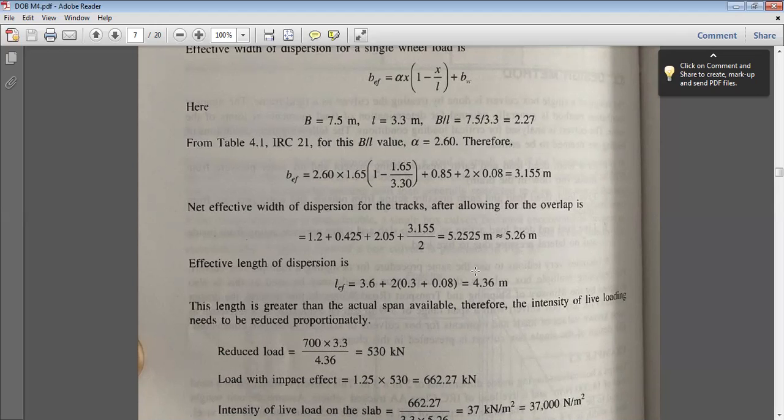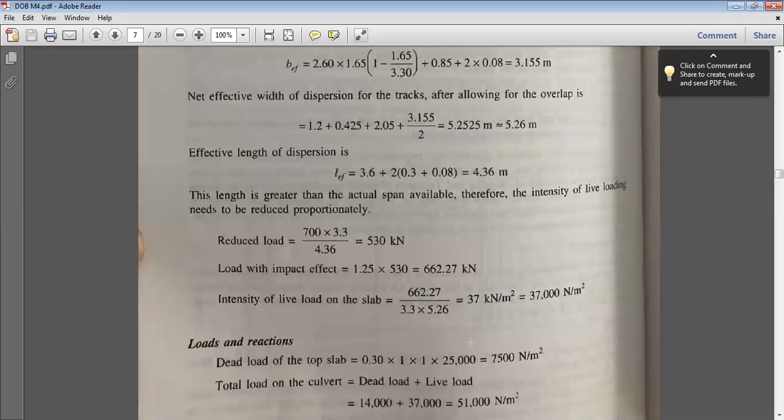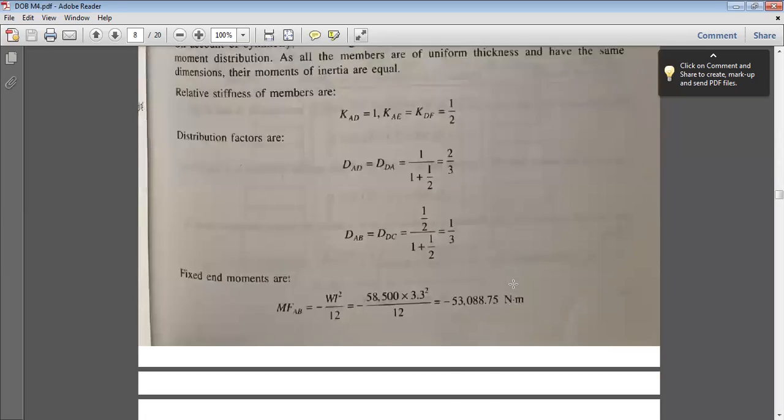Along the width, if you place your vehicles, 1.2 is your C distance, 0.425 plus 2.05 is the center distance, and dispersion width of 3.155 by 2 on other side. Okay, so place the vehicle and check it. See here.